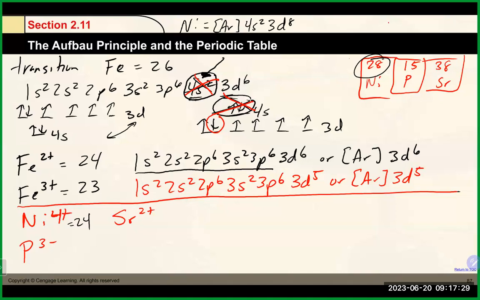With the +4, we are going to take 2 out of here, and then we would also need to take 2 out of our D at that point, and that would leave us for nickel with a +4 charge, if you did noble gas argon, and we should have no s electrons at this point, 3d6. Obviously, you could write out argon's configuration if you wanted to, the 1s2 all the way through there. Any questions on that one there?